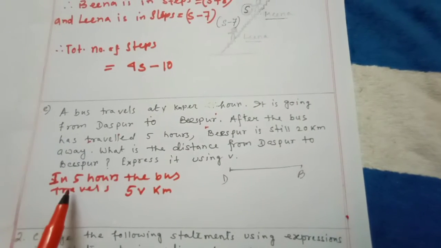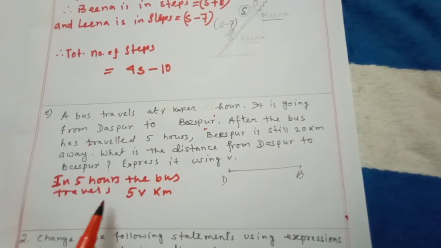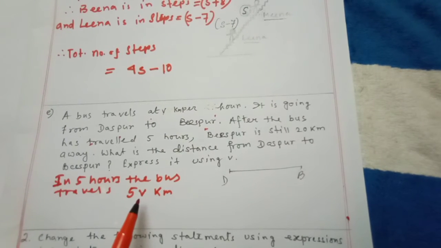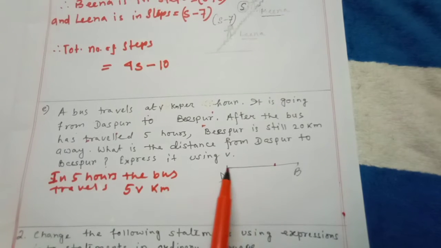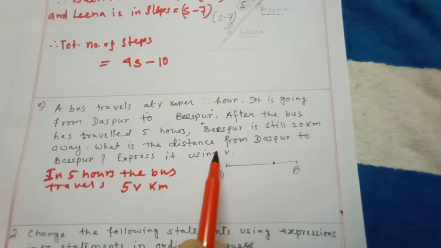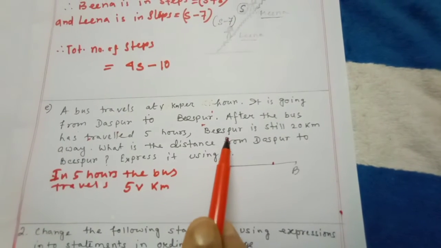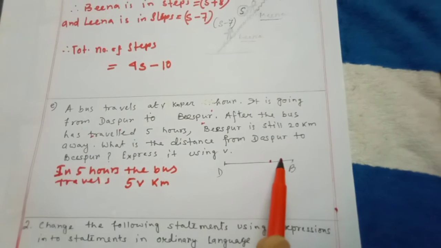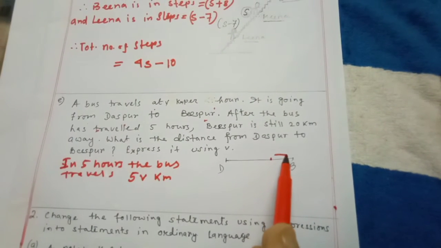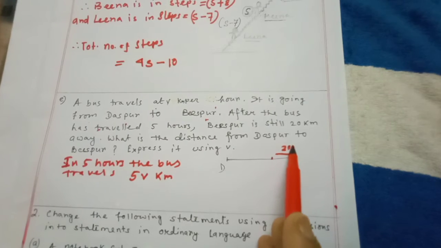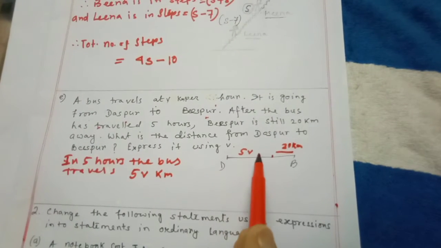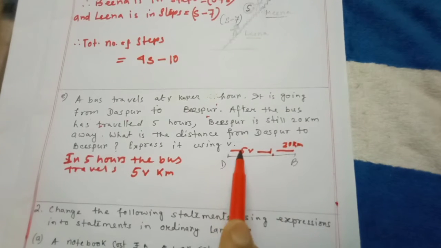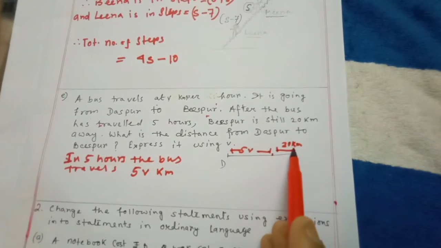After 5 hours the bus travels 5V kilometer. After 5 hours it reached here, and from here Beshpur is still 20 kilometer away. Up to here it is 5V, and still 20 kilometer is left.